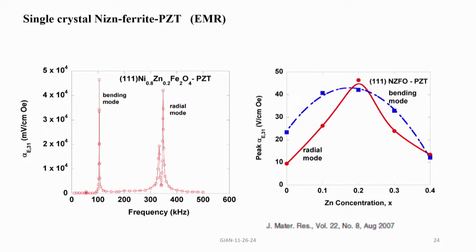And the radial mode is also comparable to what you see here for the bending modes. And these are the peak values of the voltage coefficient as a function of zinc substitution. So, 20% zinc is the optimum value for the nickel zinc ferrite.